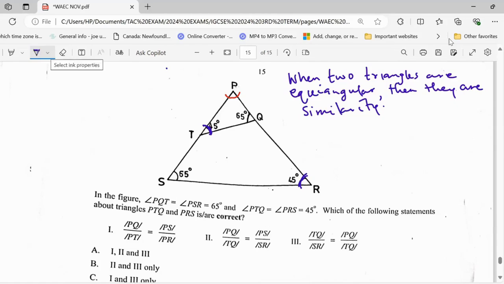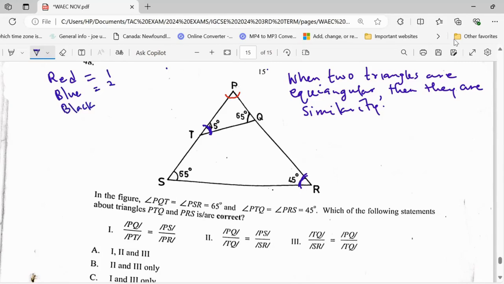Now, that is telling us that PQ over PT. Let's look at PQ. PQ is from P to Q is where we have red. So now we are going to look at red and assign a number to it. Let's say 1. For the blue color, we can call it 2. And for the black, we can call it 3.